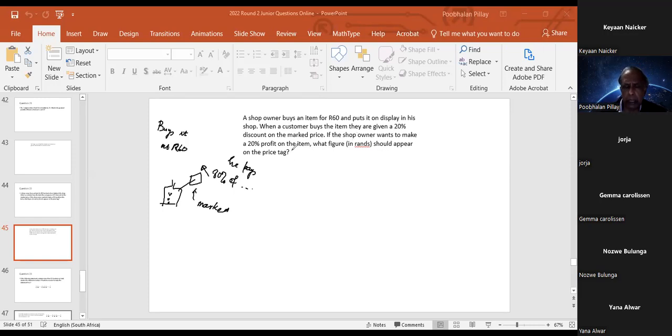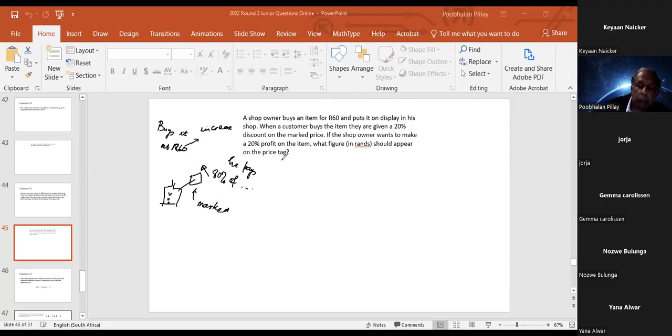But we say the shop owner wants to make a 20% profit on the item. He buys it at 60 and he wants to make a 20% profit, so he must increase. And here it's a decrease because it's a discount. So he's going to increase this item. He wants to make a profit of 20%. Very unusual.